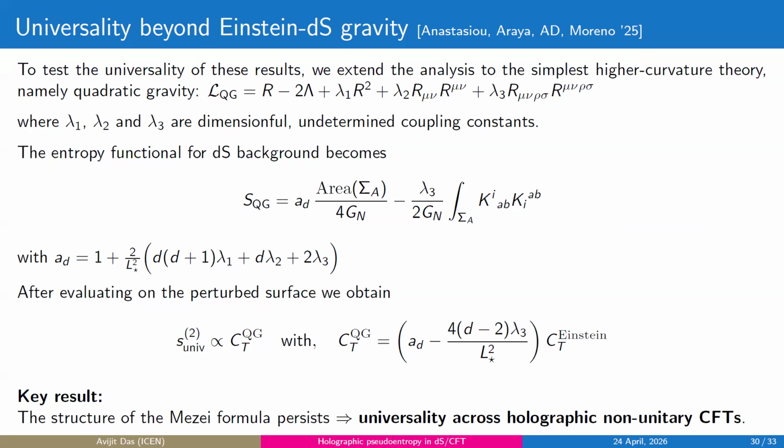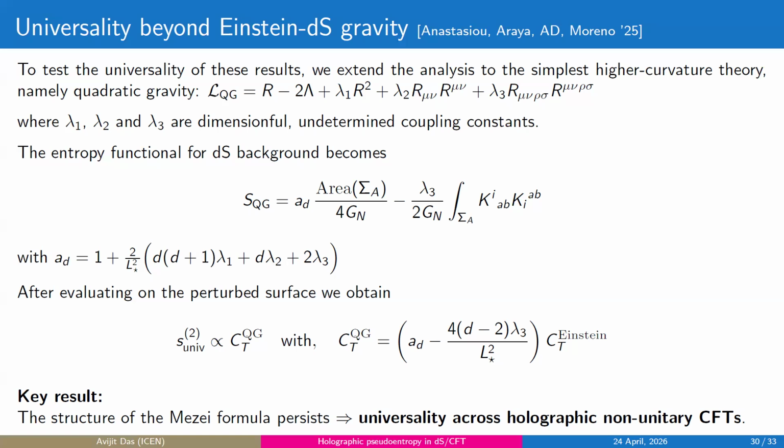And then you can see that for the de Sitter background, the higher curvature entropy function is given by this one. And once you calculate the S QG, you see that the universal part is also given by the CT of the higher curvature gravity. So for the higher curvature gravity, the only difference is that the CT is multiplied with some coefficient which is dependent on the curvature coupling.